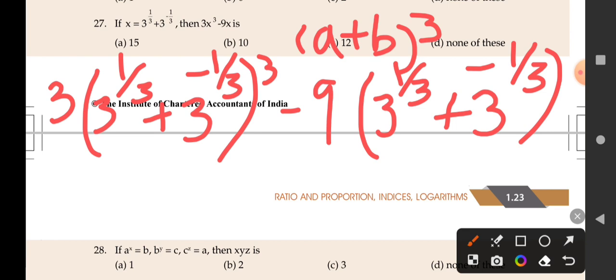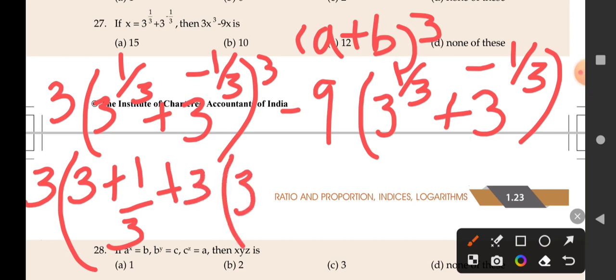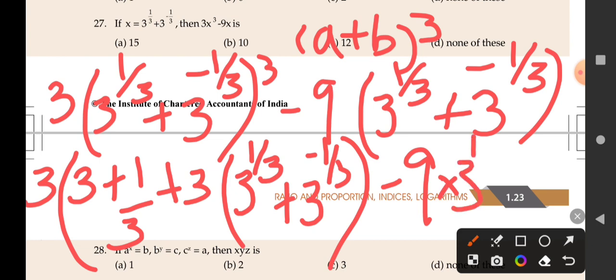Okay, so the a plus b whole cube formula: what do we have? 3 into 3 plus 1 by 3 plus 3 into 3 raised to 1 by 3 plus 3 raised to minus 1 by 3, minus 9 into 3 raised to 1 by 3 plus 9 into 3 raised to minus 1 by 3.